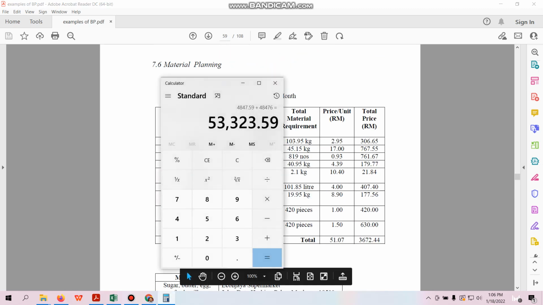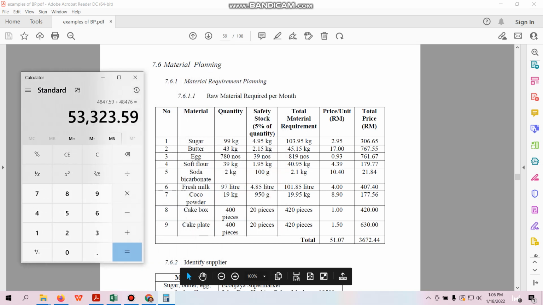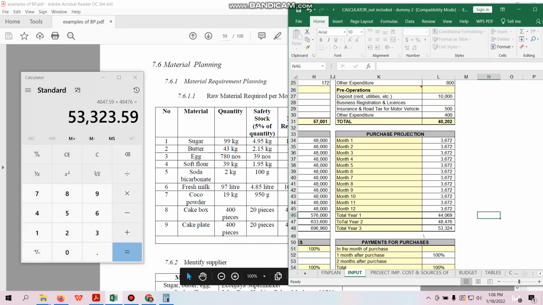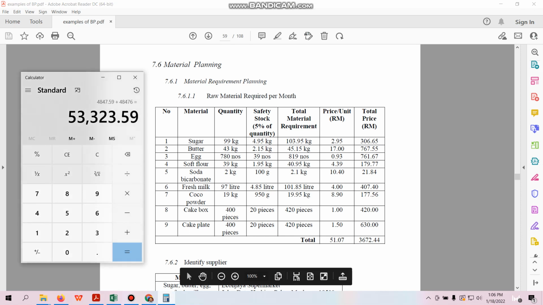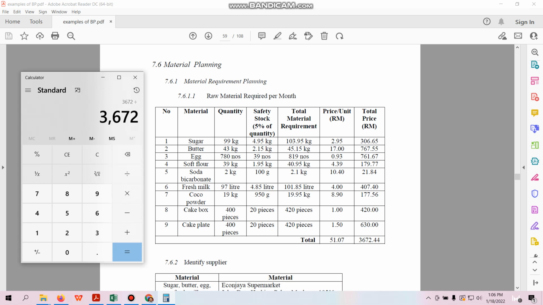So imagine that you have the total purchase for the raw material. This value, 3,672, actually is this one. I want to show you that if you take this value 3,672 divided by 400 pieces of cake, I want to know how much it costs you.